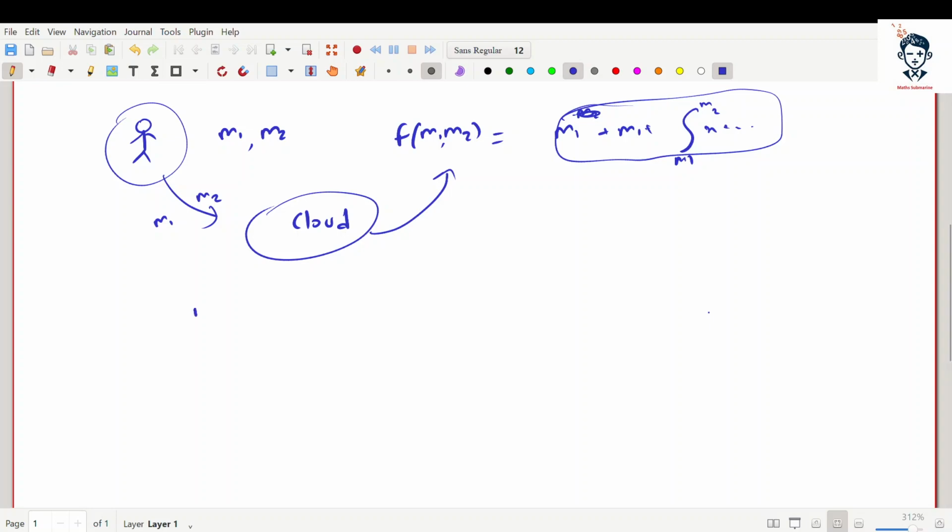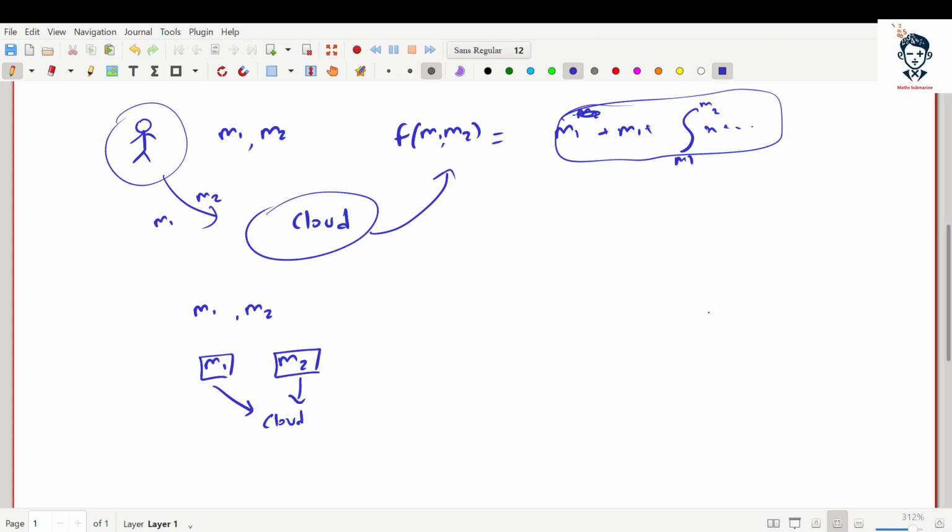So first, step 1. These are my two messages. I am going to encrypt them with my secret, and then I'll give them to the cloud.